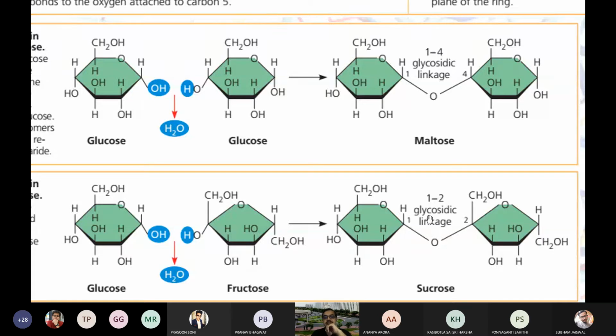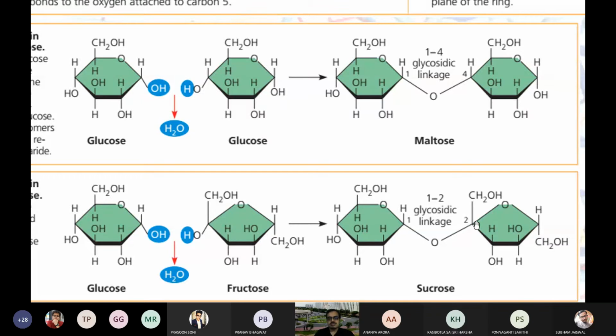The second carbon of fructose is involved. Why is it carbon 2? Fructose is actually an inverted enantiomer, and it's called levulose, because the orientation of its hydrogen and hydroxyl groups is the mirror opposite of that of glucose. So it's called levulose.